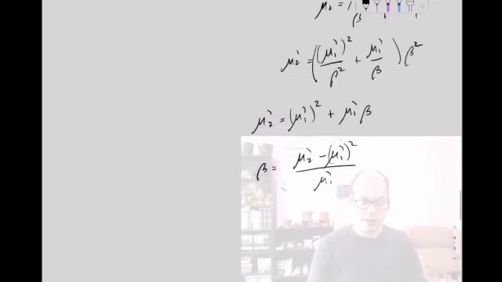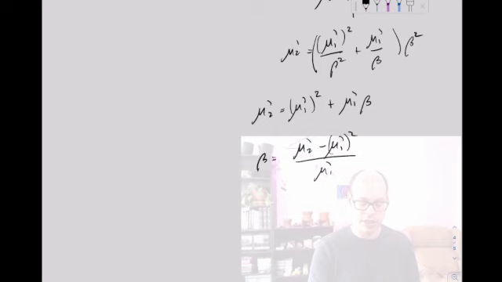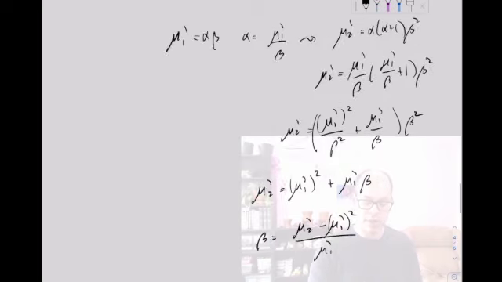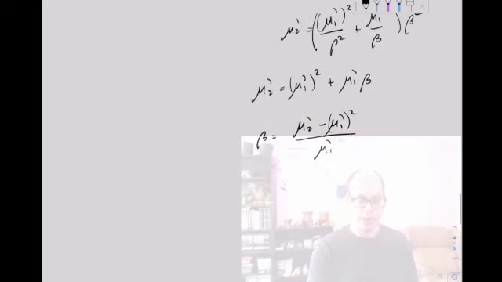Similarly, you can play around and solve for alpha. I'm getting tired, so I'll just tell you what the answer ends up being. Alpha, in terms of these moments, turns out to be mu1 prime squared over mu2 prime minus mu1 prime squared. And what does that tell us?